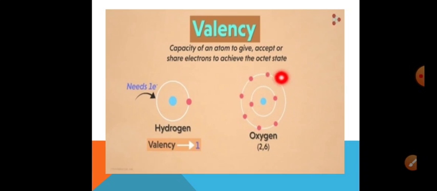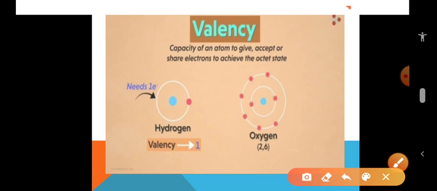See, always this atom will try to fill all the rooms in the outer orbit. Otherwise, this atom will try to empty all the rooms in the outer orbit. Now, for example, in hydrogen, 1 electron is there at the outer orbit. But hydrogen has 2 rooms at the outer orbit. Here, 1 more room is there.